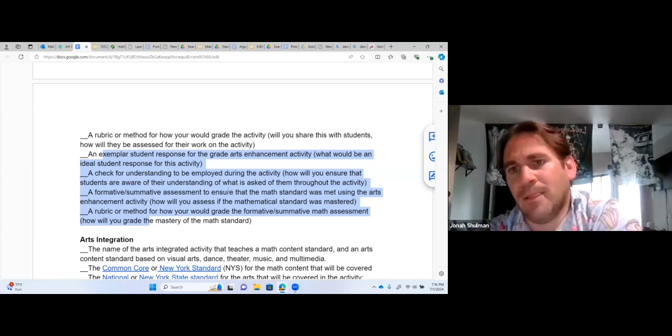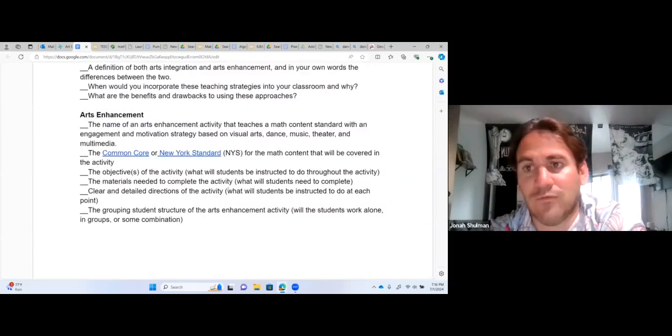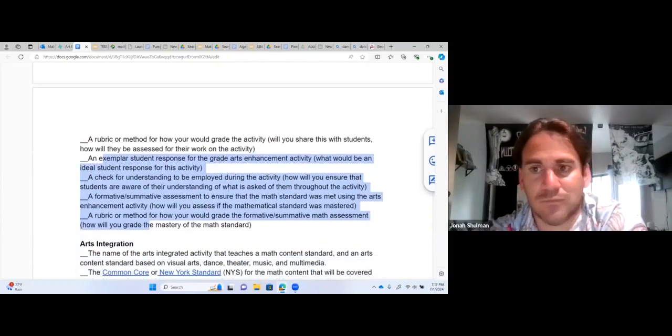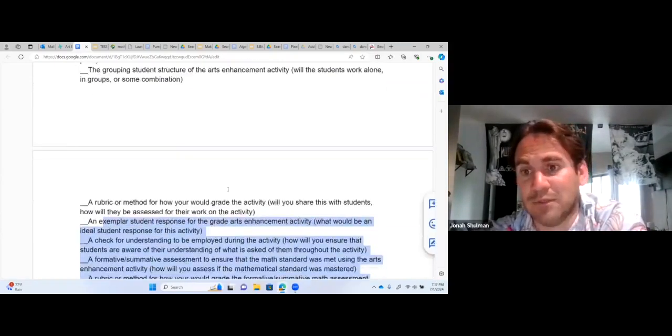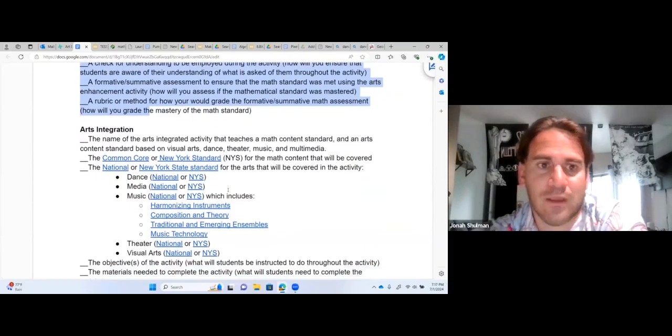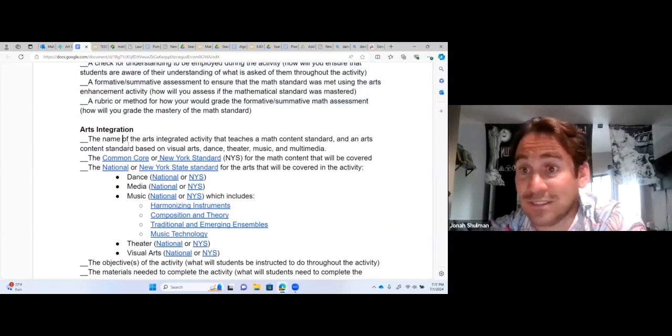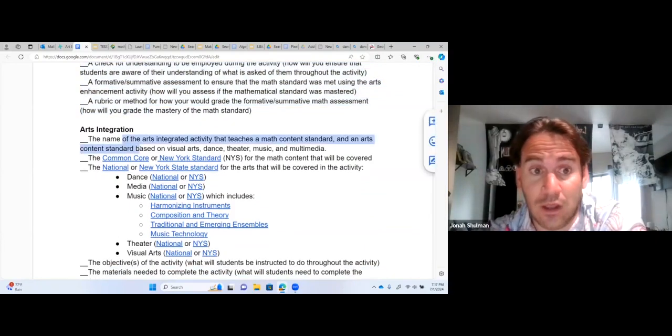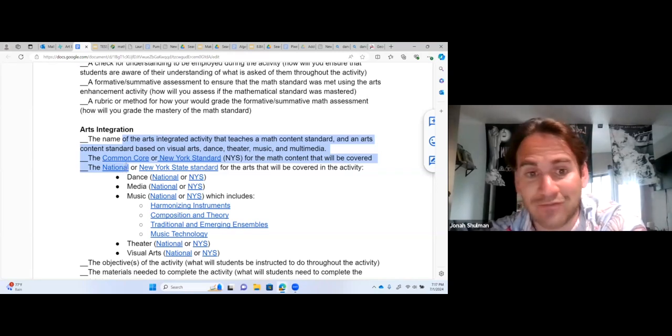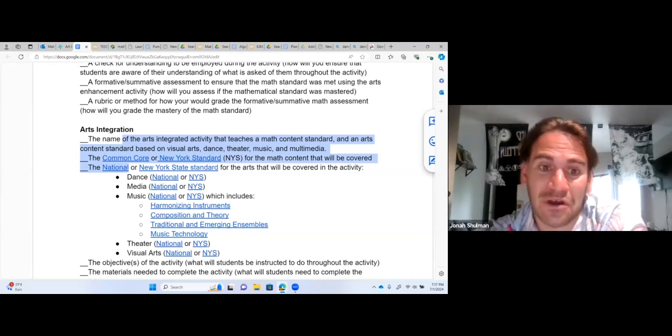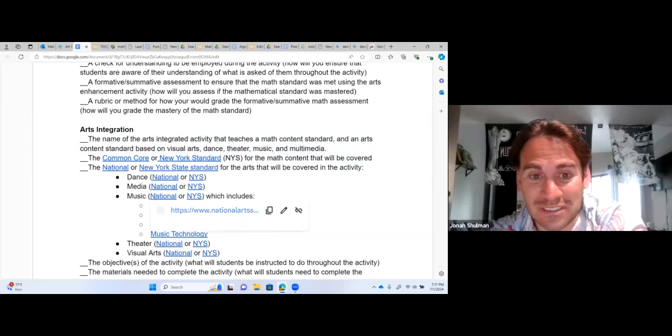Okay, so everything you would think about for a lesson without the plan, right? So that's what would be for the enhancement, but then you also get to do integration. So for the art integration, you could use the same standard as you want, or a different standard, but basically you have to use a Common Core standard and then one of these. So you have to teach either a dance standard, a media standard, a music standard.